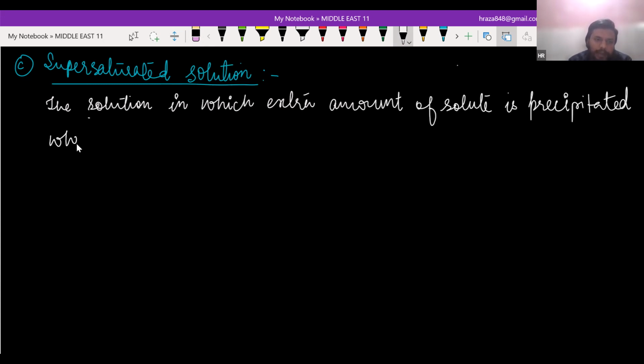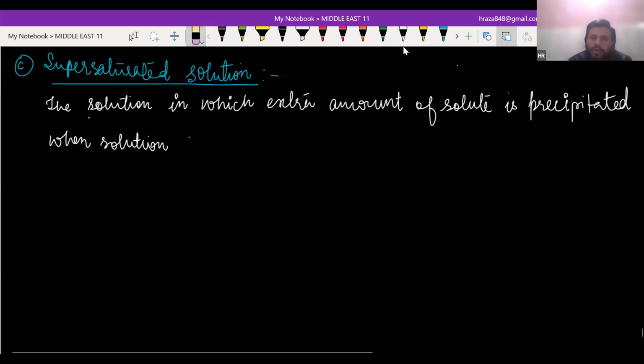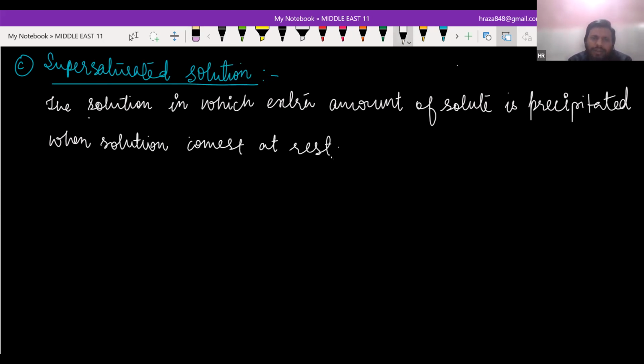Precipitate, everyone knows about PPT, precipitate, when the solution comes to rest. So in this solution, what happens? Basically, when you add solute and then stir it, it will be in motion. But when it comes to rest, some of the solute is precipitated out, or some of the solute is in solid state. That means it is not dissolved. So we can write amount of solute greater than solubility. Just write it.